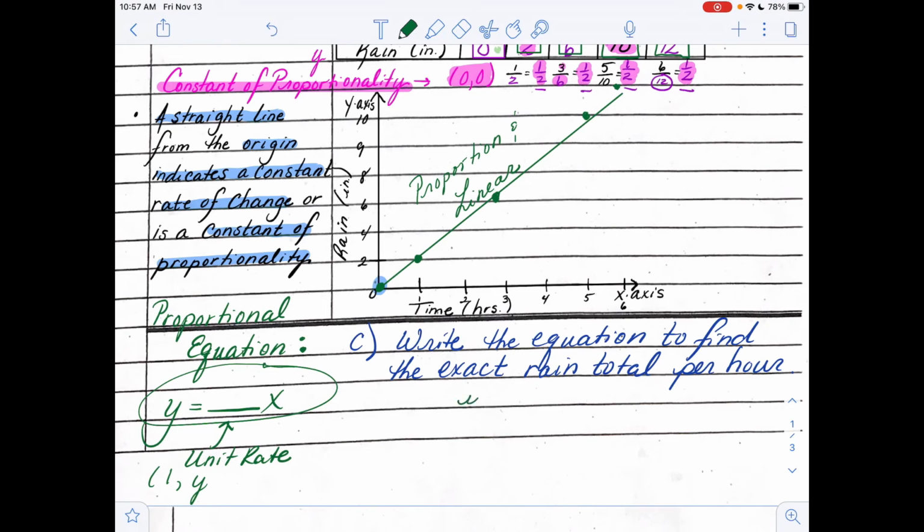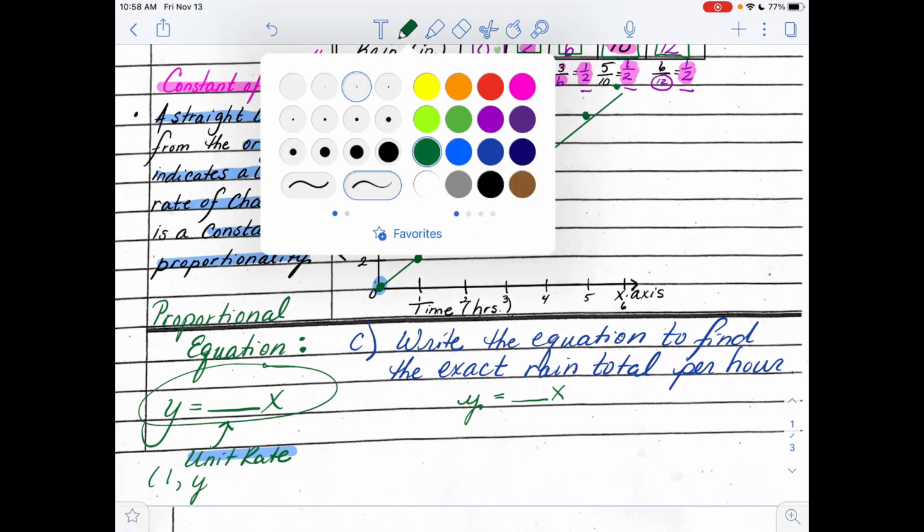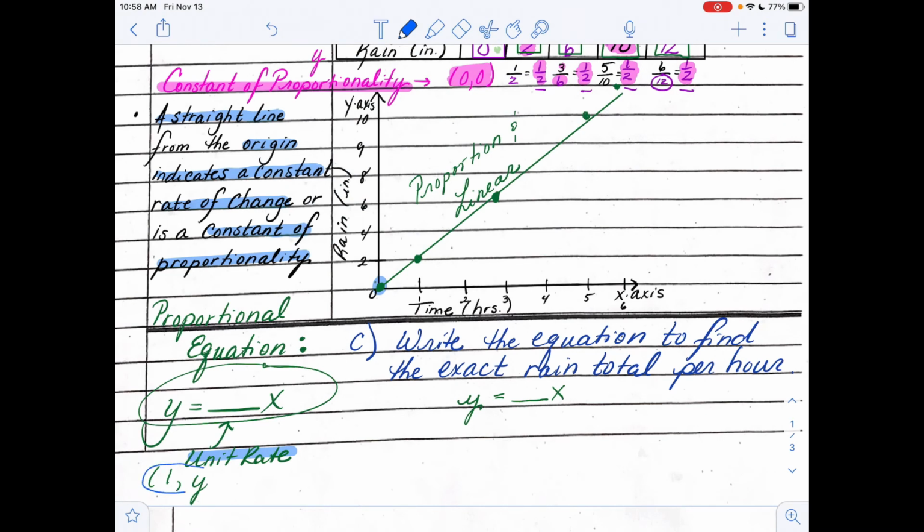It will always start with y equals, and then you're going to have a number, a coefficient, multiplied to the x. That number that's going to be multiplied by the x is what we call our unit rate. It's always where the x is 1, and whatever the y is going to be is that unit rate.